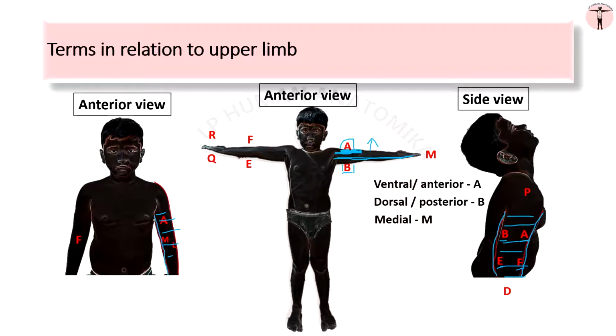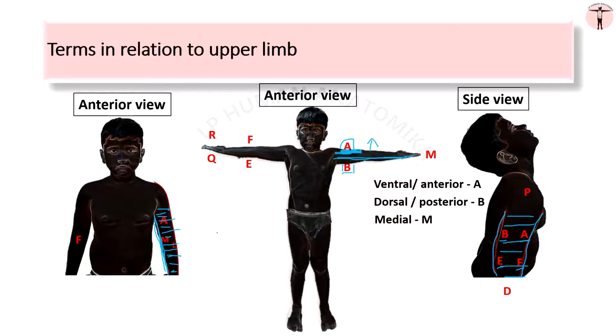And here, when the upper limb is close to the side of the body in the adducted position, that is the medial side or medial border of the upper limb. So the whole thing here, what we are seeing, is the anterior aspect of the upper limb.